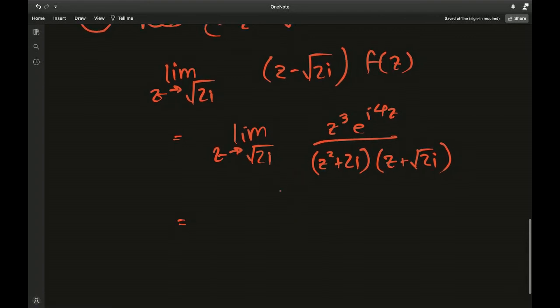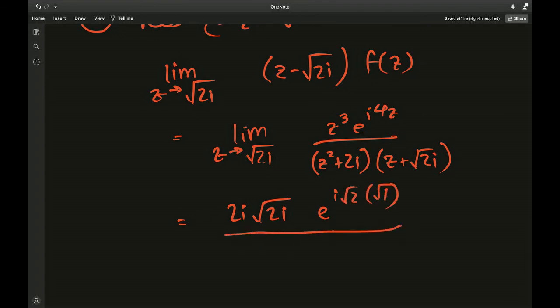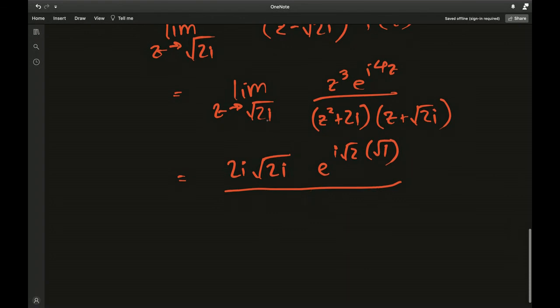Now just plug stuff in. So we'll have 2i square root 2i, e to the i times square root 2 times square root i, divided by the square of this, which is 2i plus 2i, 4i, and we'll have a 2 times square root of 2i over here.